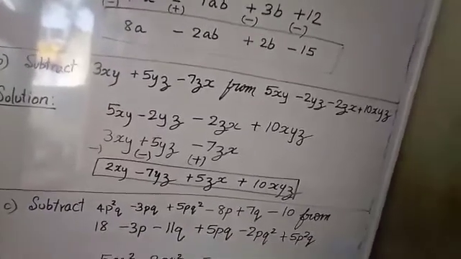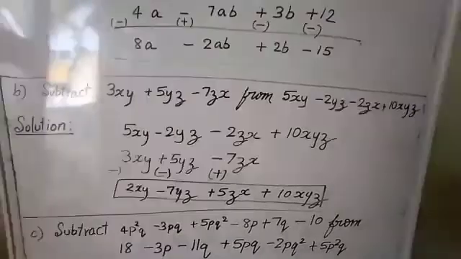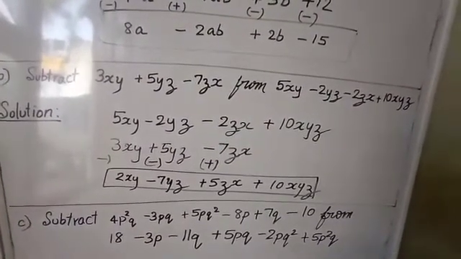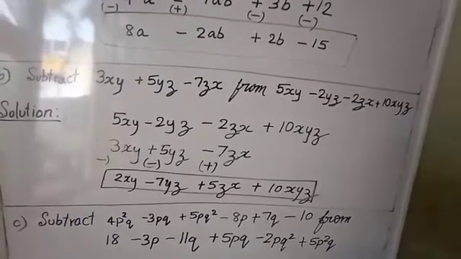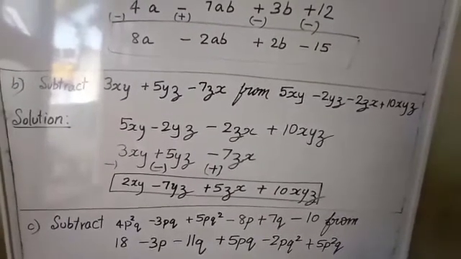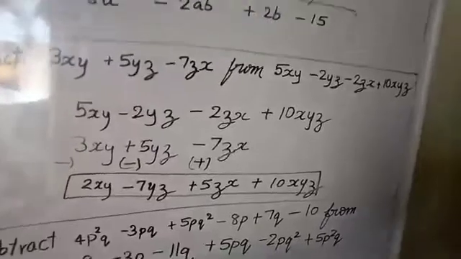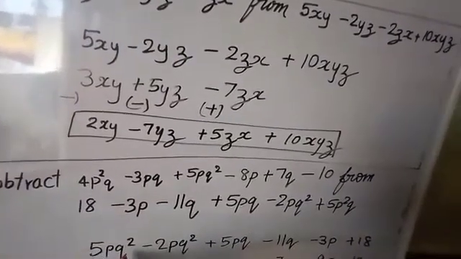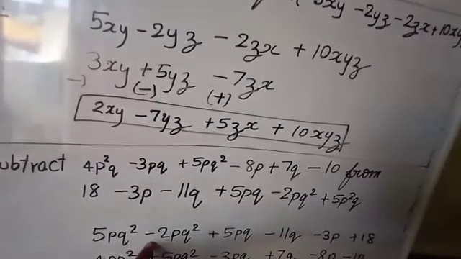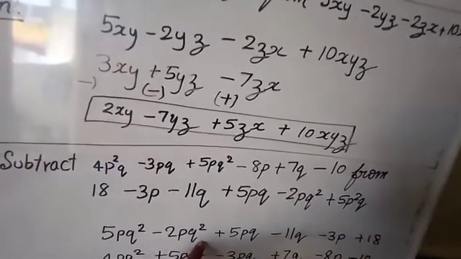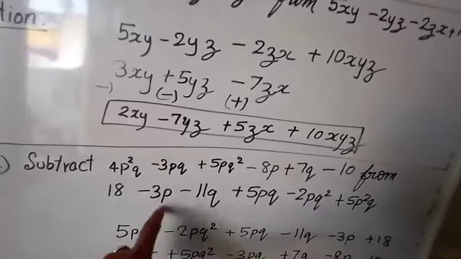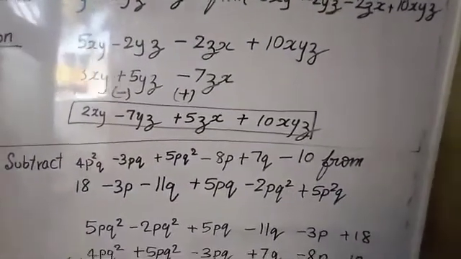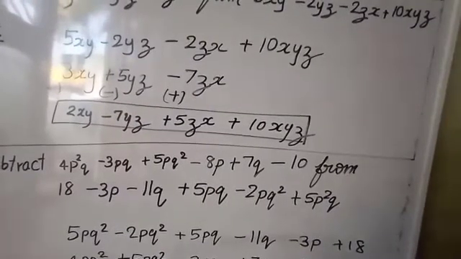See my dear students, here one thing you have to keep them in a proper order. So we are going to put it in a proper order, like a like term. So I am going to order the square powers. So 5pq square I have put in the beginning, minus 2pq square from the second equation, plus 5pq minus 11q minus 3p plus 18.